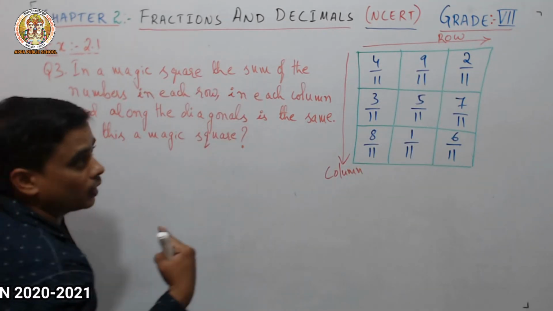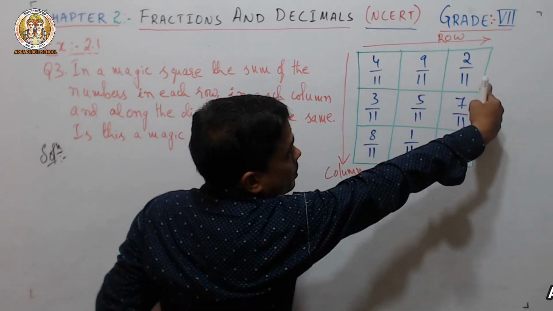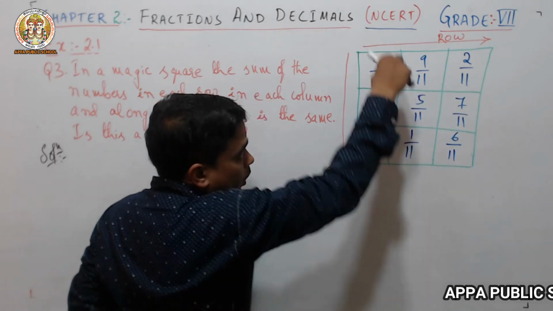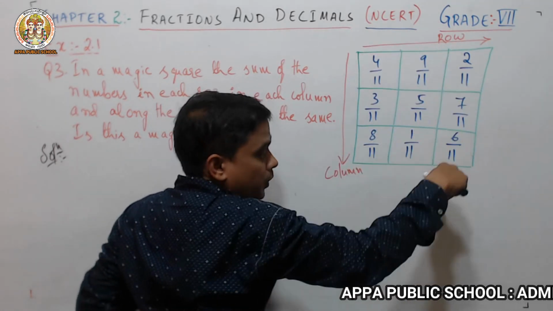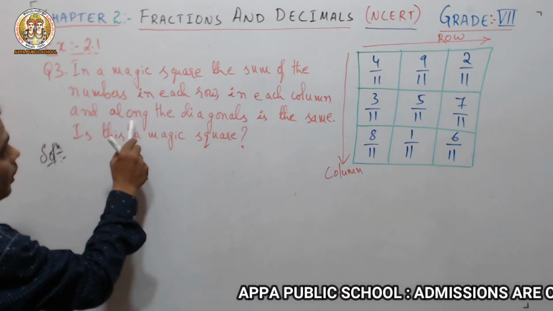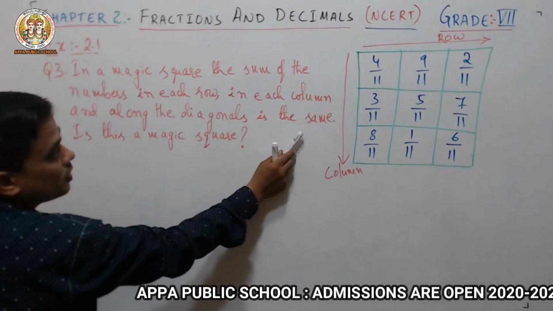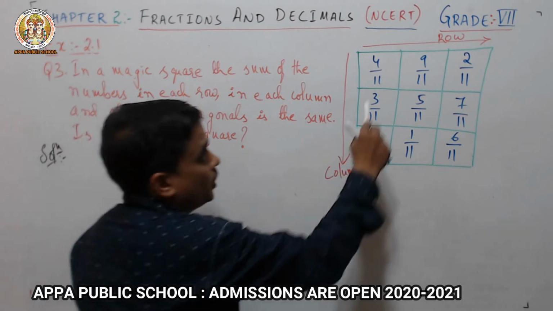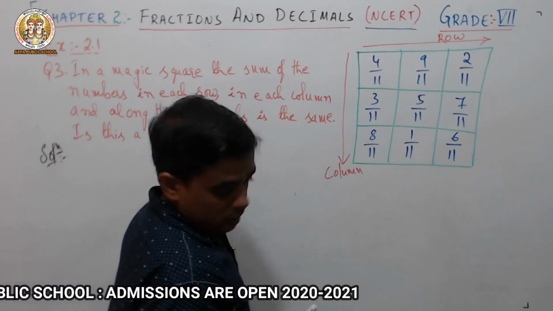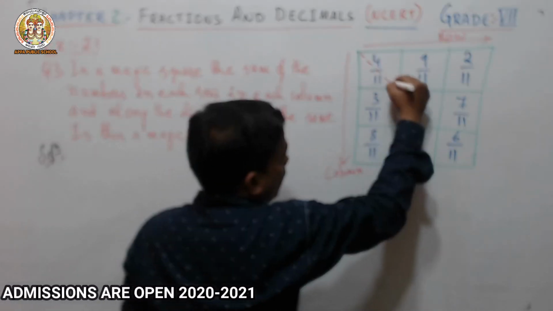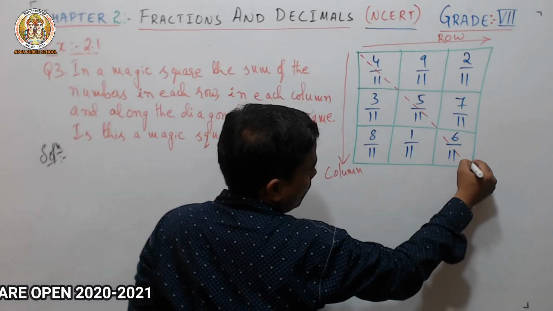Sum means you have to add. First add these numbers in this way, next add the columns. The last one he has given: along the diagonals is the same. Which are the diagonals here? These are the diagonals.